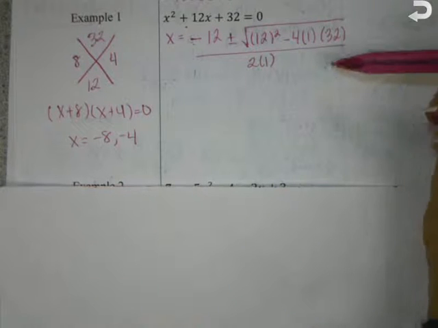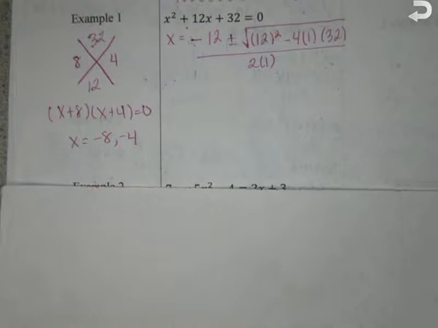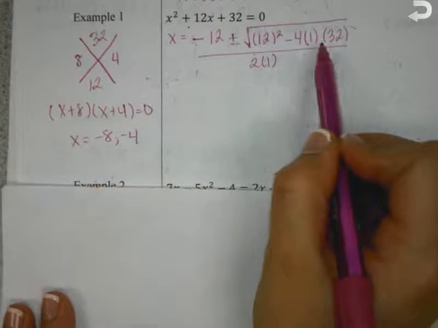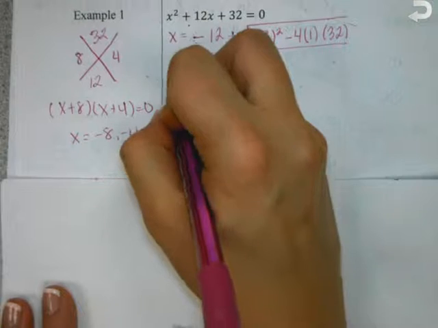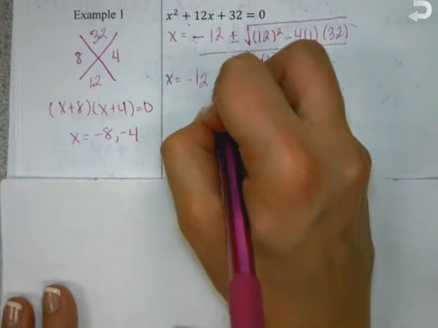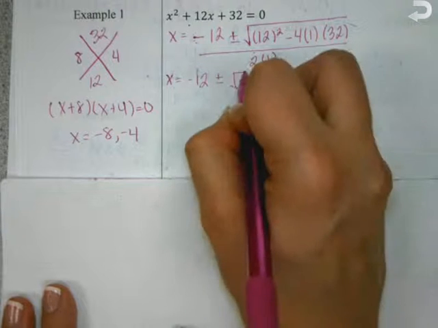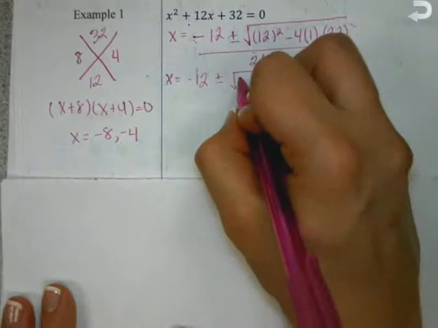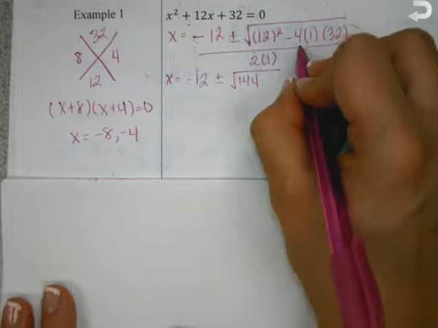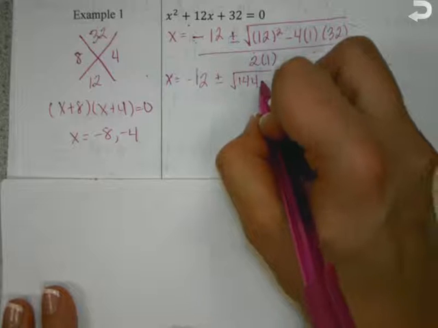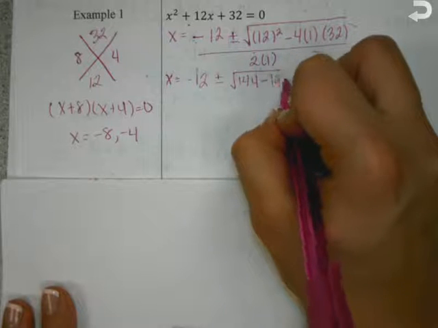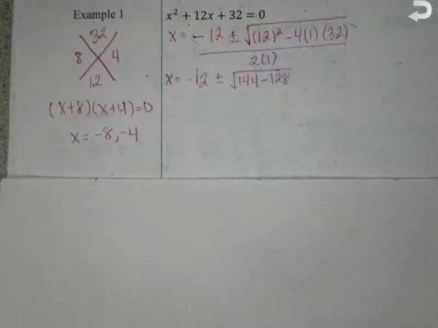I want to see you plugging everything in. After that, I always simplify inside the radical first. So that is going to be x equals negative 12 plus or minus. 12 squared gives me 144. And negative 4 times 32 gives me negative 128. You may use a calculator. However, I still need to see every single step.